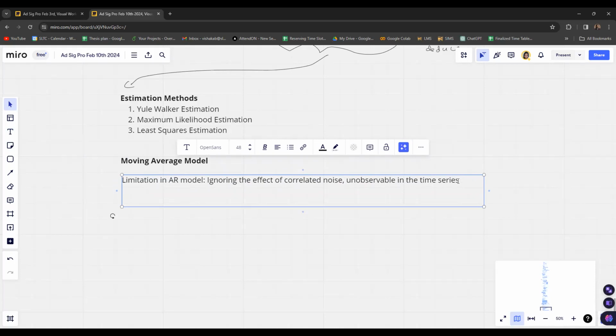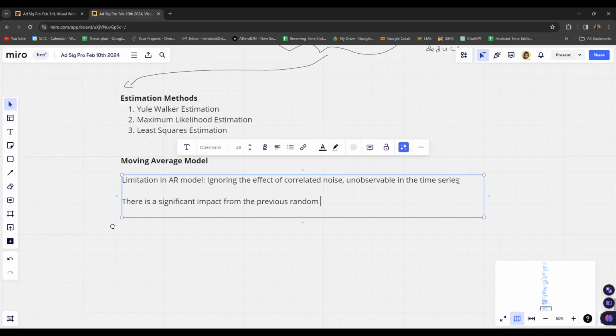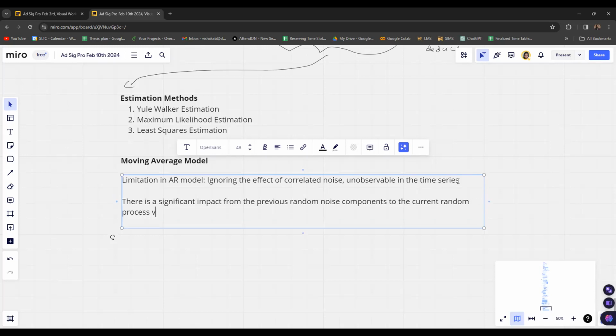What we mean in here is that there is some considerable impact from the previous random noise components in the current one. So there's a significant impact from the past values of noise into the current xt value.